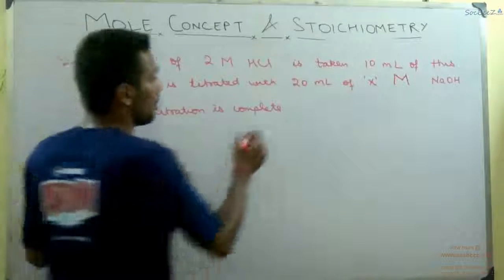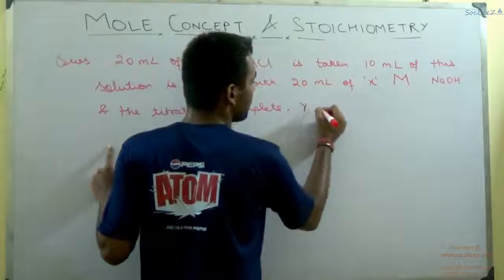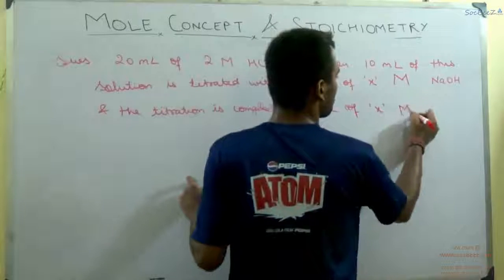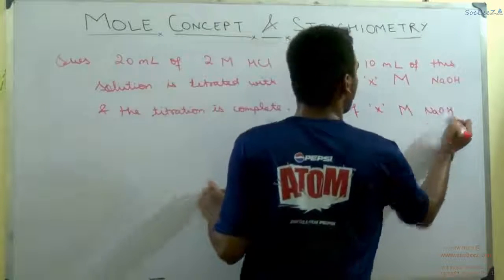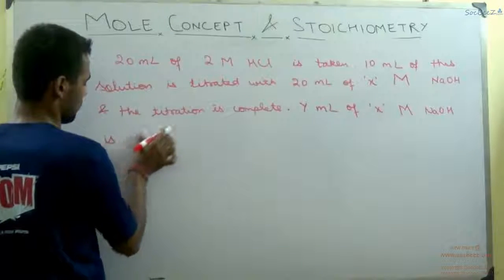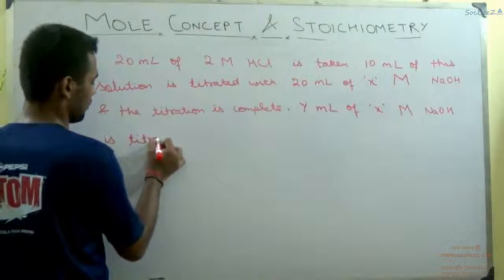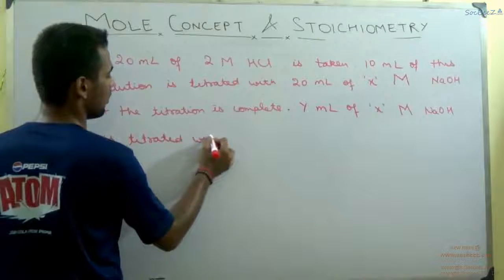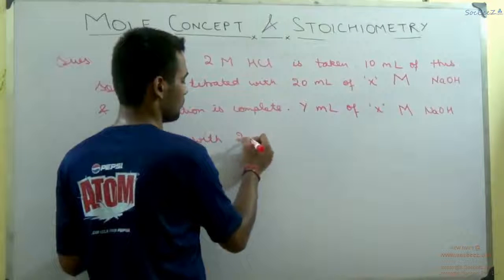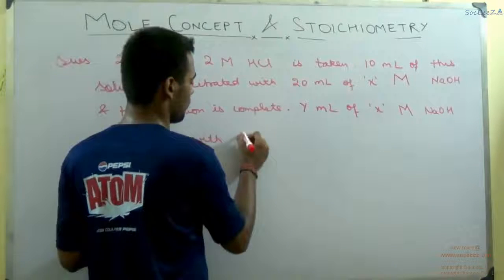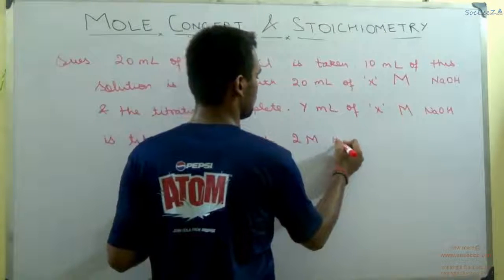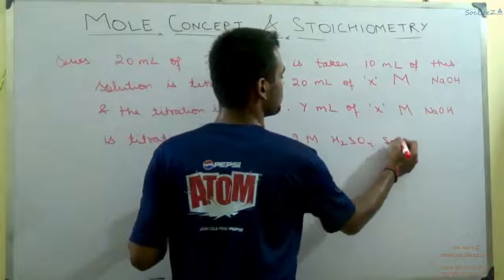Okay, now Y ml of X molar NaOH is titrated with 5 ml of 2 molar H2SO4 solution.